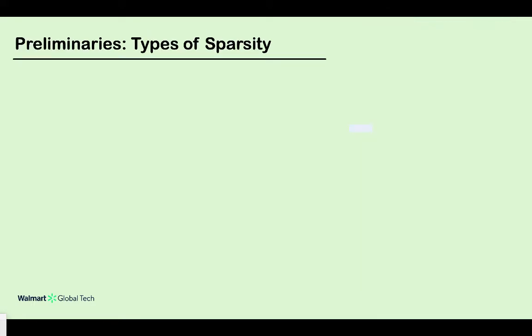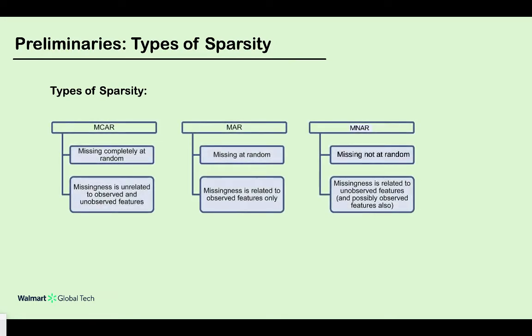Before we jump into what concept drift is and how to detect it, let's also quickly touch upon the various types of sparsity that we observe in data. These are quite standard definitions. For example, MCAR, which is called missing completely at random. According to this, missingness is unrelated to observed and unobserved features.